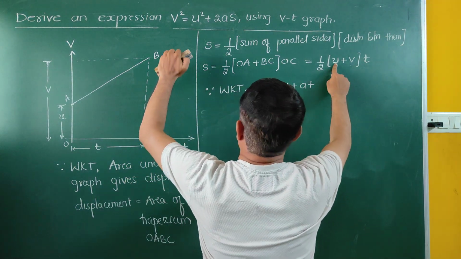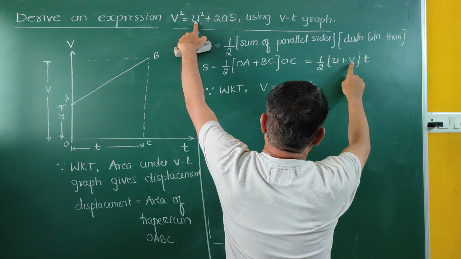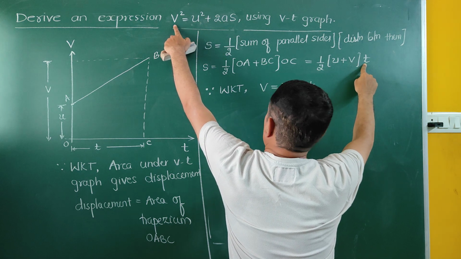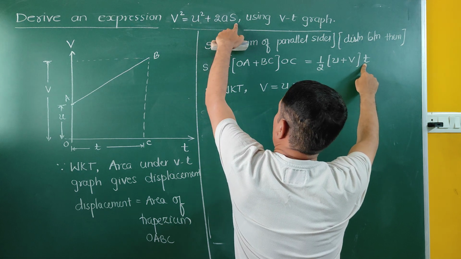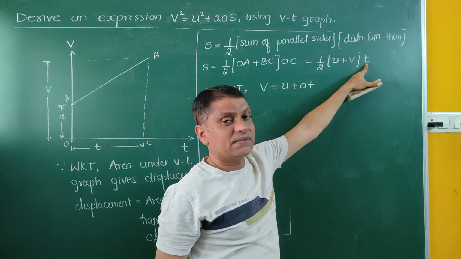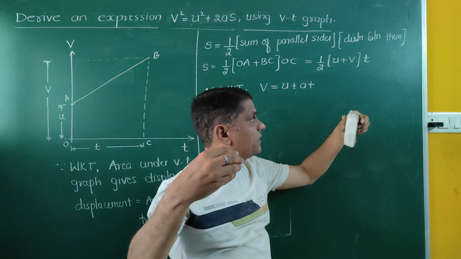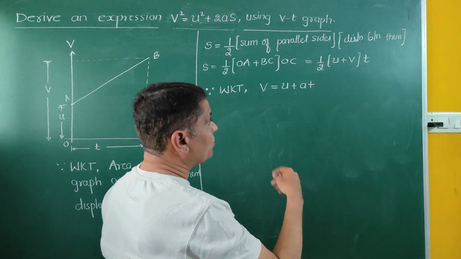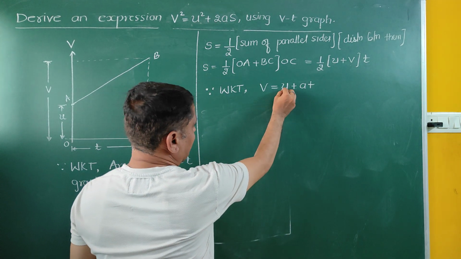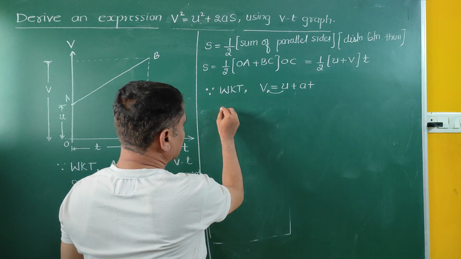Look here. We want U, yes, U is required. We want V, V is required. T, no, we don't want T. It means we have to replace T. To replace T, once again we are using the same equation. So bring this side.